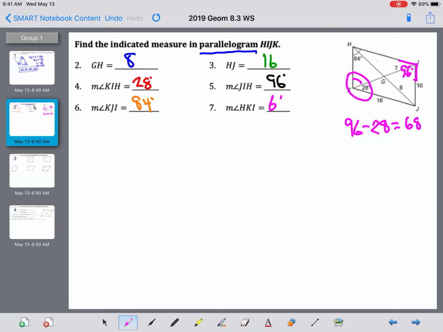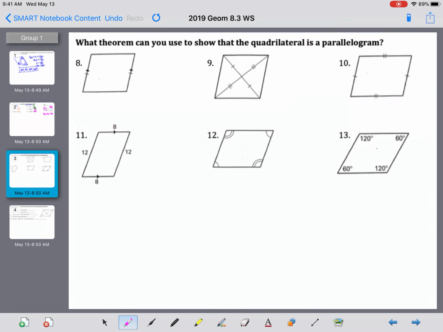Alrighty, so this is 68 degrees. So some work there.